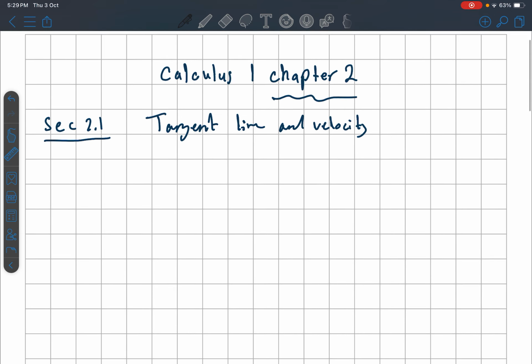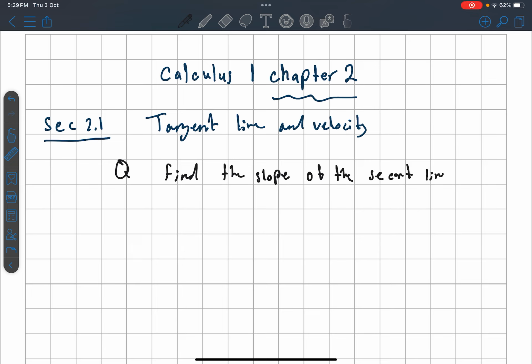So here the question is: find the slope of the secant line through (1, 2) and (2, 5).